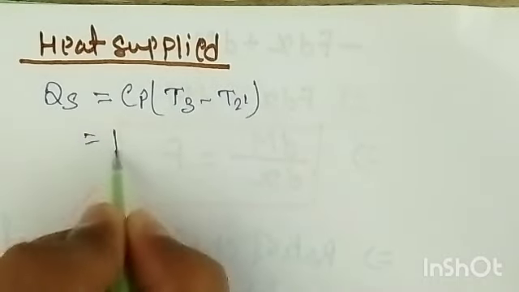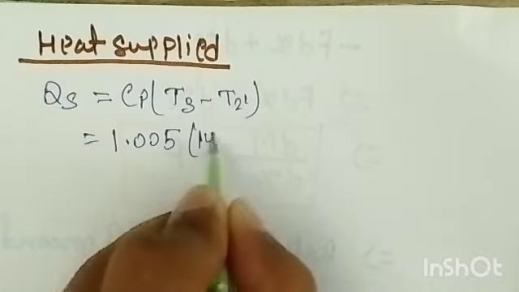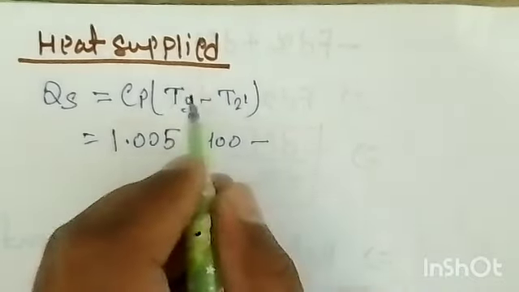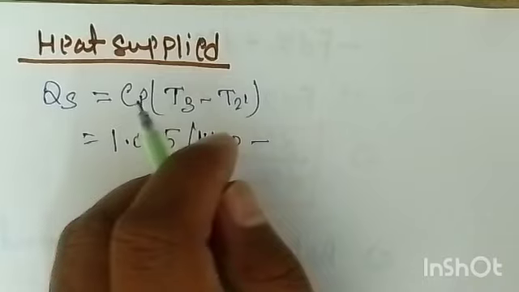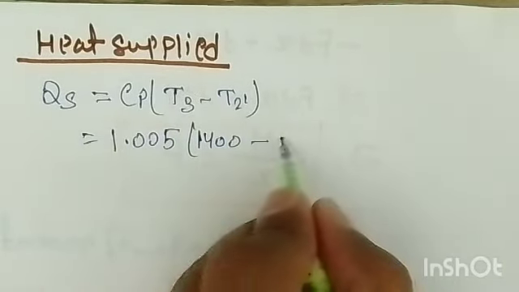Cp is 1.005, T3 is given as 1400 Kelvin, and the actual temperature at the end of compression you got is 649.